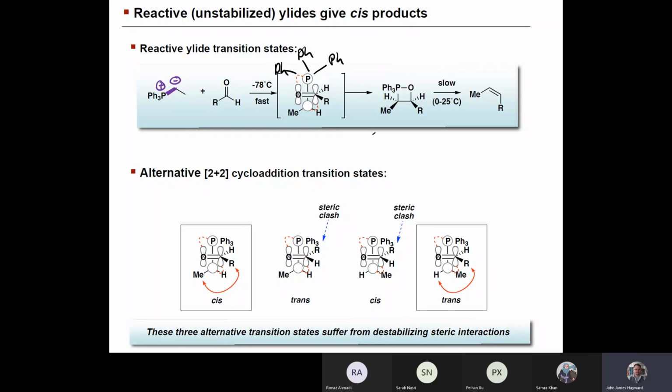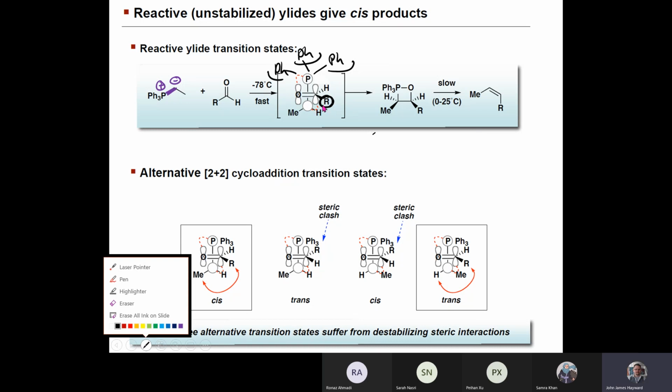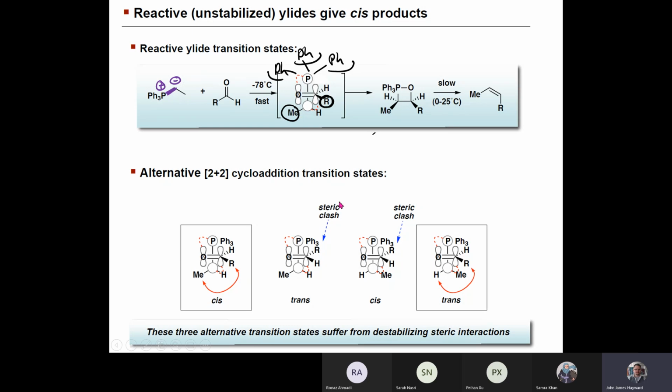Okay, so because these phenyl groups are quite big, what ends up happening is that the R group here sits as far away from them as it can be. So it doesn't point towards the phosphorus, it points away. So the H points towards the phosphorus. Okay, pretty simple sterics going on there. Now, because the R group has to point away from all these phenyls, the methyl group here, oh, what happened there?